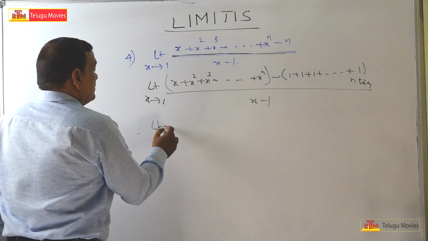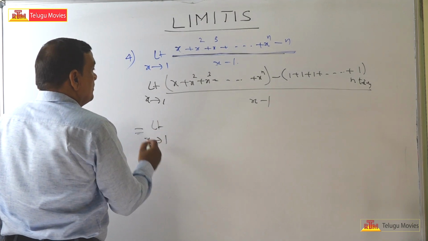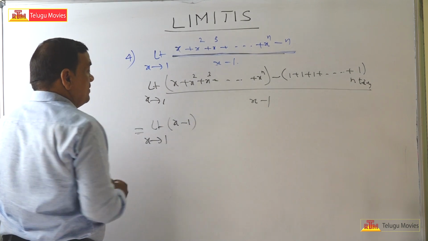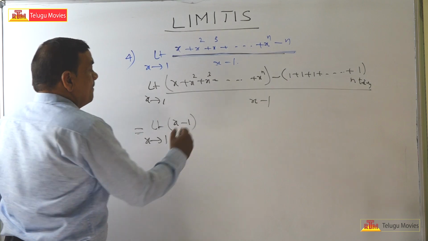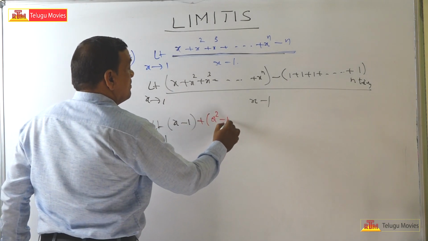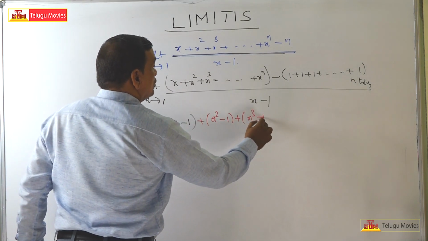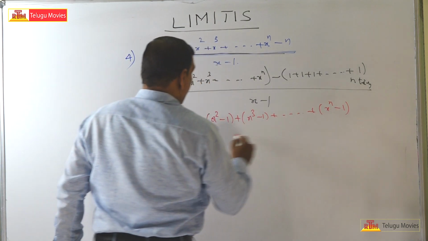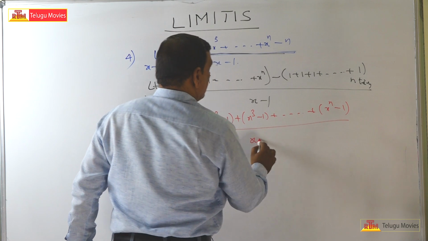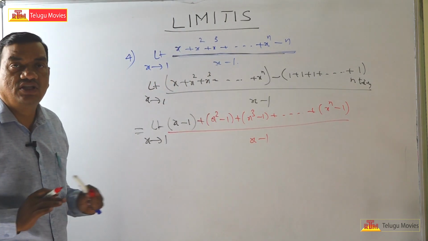That means limit x tends to 1, (x minus 1 plus x square minus 1 plus x cube minus 1 plus so on x power n minus 1), whole divided by x minus 1. Is there anything wrong in this step? Nothing wrong. Why?